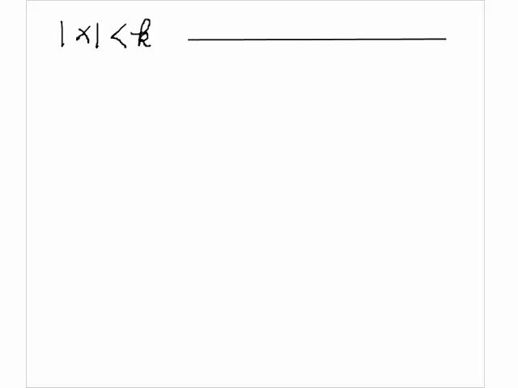So if this is 0, and this is k, and this is minus k, all the numbers that are less than k units from 0 would be, on the number line, all the numbers between negative k and k. So when we're looking at absolute value of x less than a number, that means all the numbers that are less than k units away from 0.